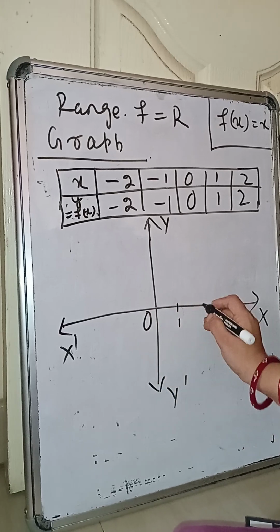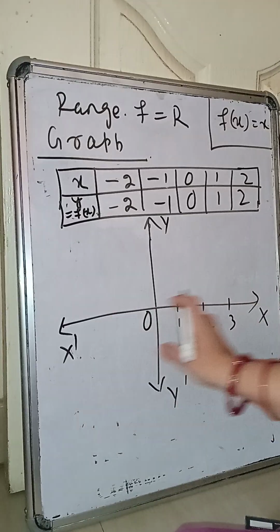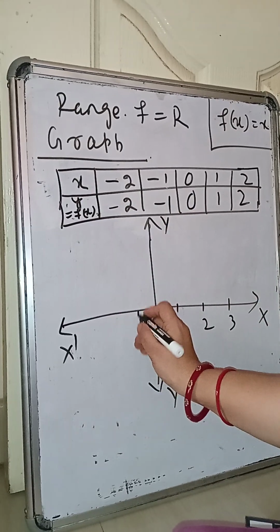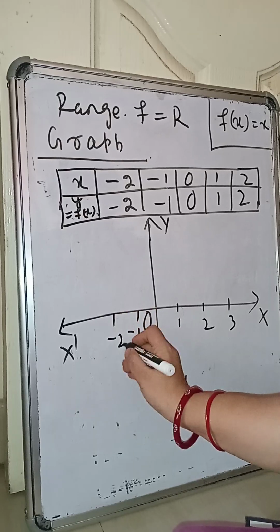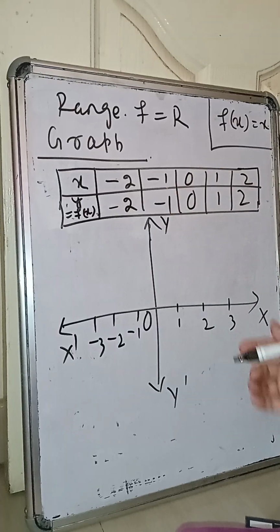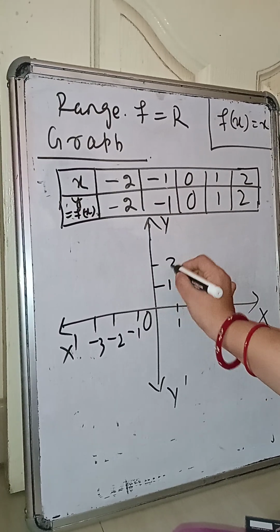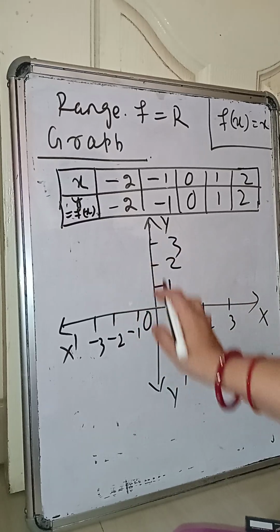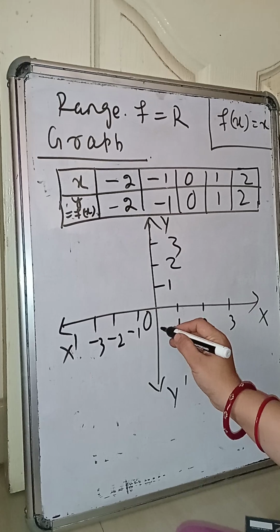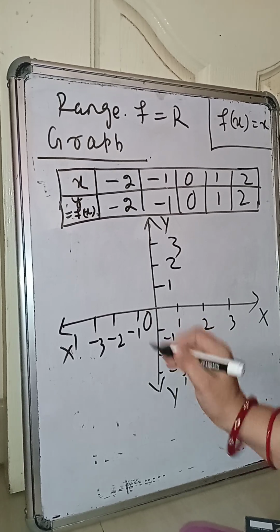So let us take 1, 2, 3, and the negative values of x lie on the left side of 0, so it is -1, -2, -3. Above the x-axis are the positive values of y, 1, 2, 3. Below the x-axis are the negative values of y, so this is -1, -2, -3.